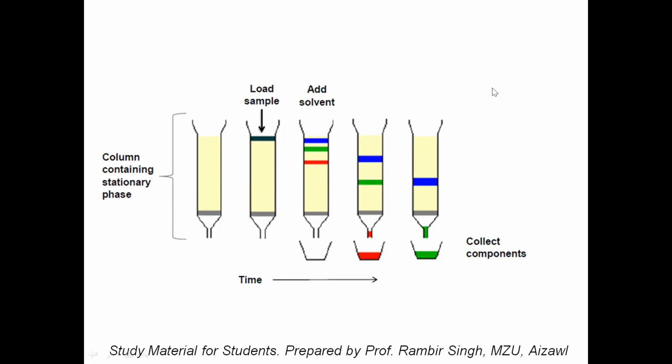When the interaction of the mobile phase with the stationary phase is low, the solute can interact freely with the stationary phase, right? So the interaction of the solute with the stationary phase will be more.